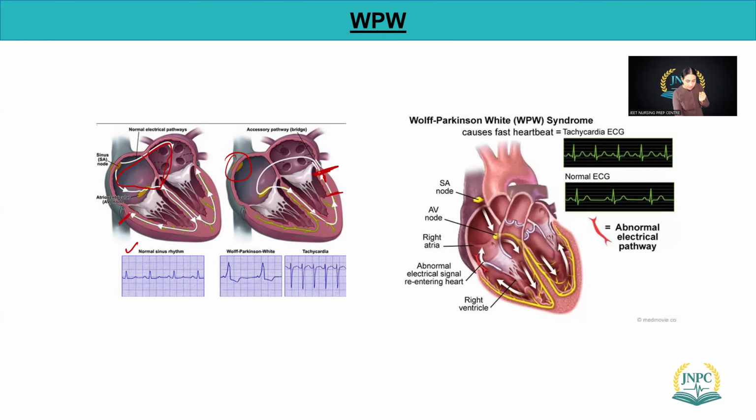Somewhere here, but it is going back. So ventricles, they are giving their own electricity, and ventricles are having some abnormal circuit. So instead of SA node generating that pulse, now it's your ventricles. Some rhythm, or maybe electrical impulses, are originating from ventricles itself, and they bypass SA node. So that's abnormal electrical pathway or abnormal circuit.